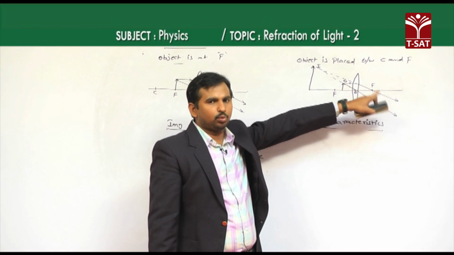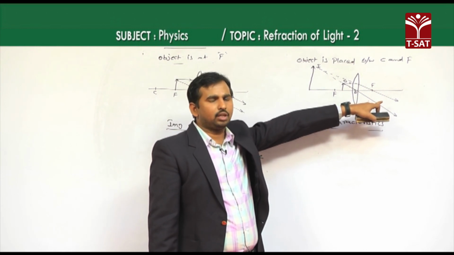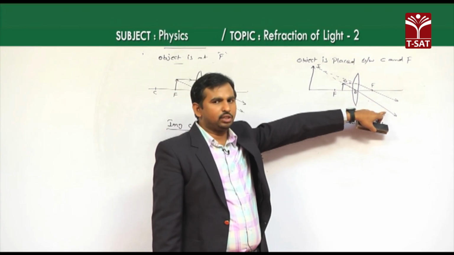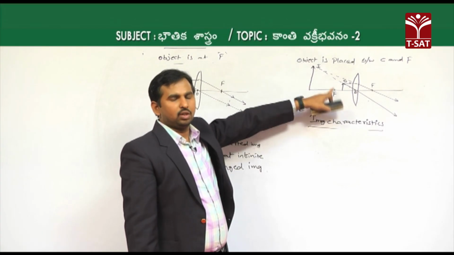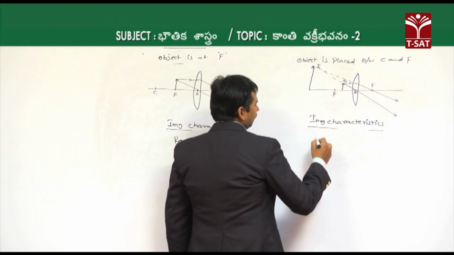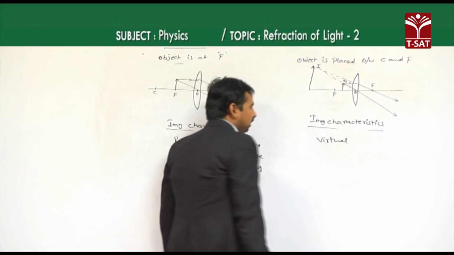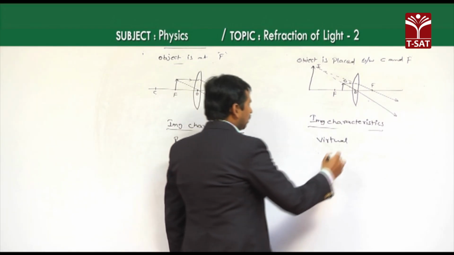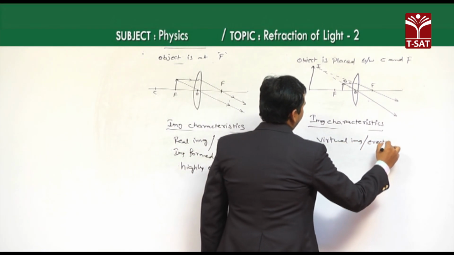After refraction, both the refracted rays are going away from each other. So the light rays appear to meet at a point on the same side, so that is not a real image. This is taken as a virtual image, and not only that, all virtual images are erect images.